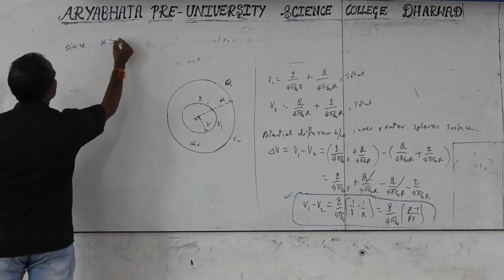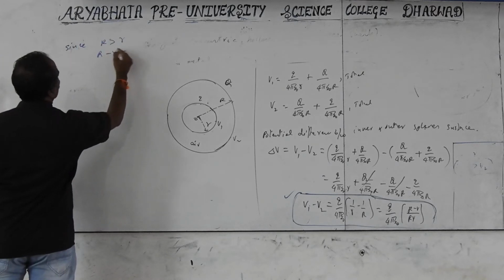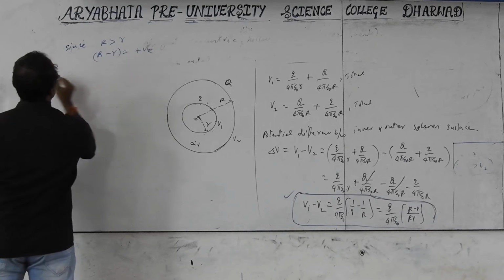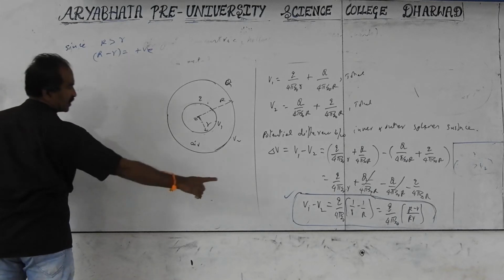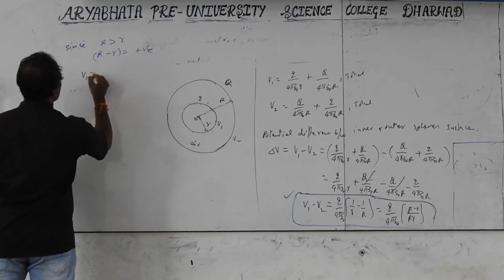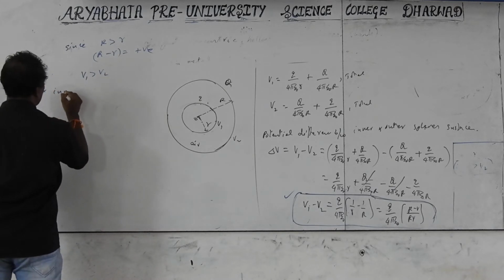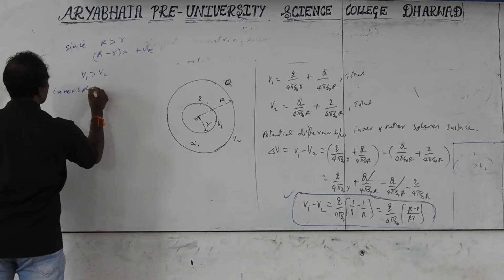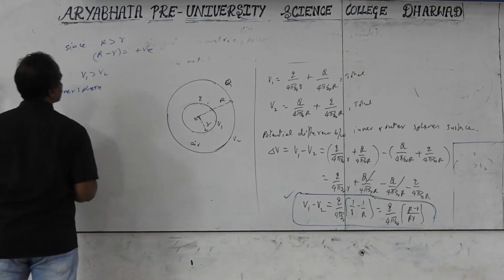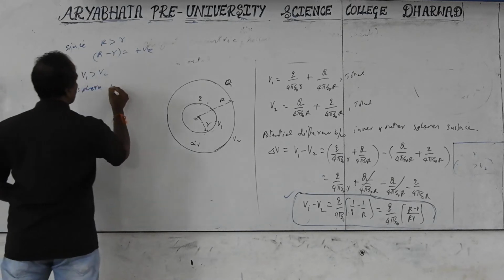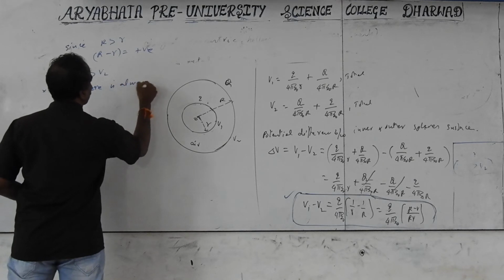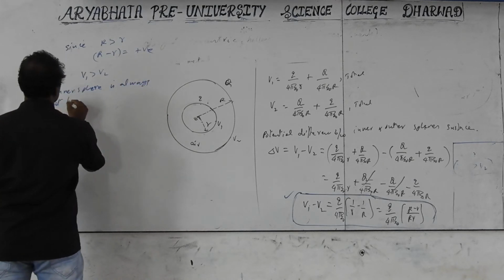Since R is greater than r, R minus r is positive. Therefore, from the given equation, V1 is greater than V2. This point is important: the inner sphere, meaning metals, conductors, is always at higher potential.